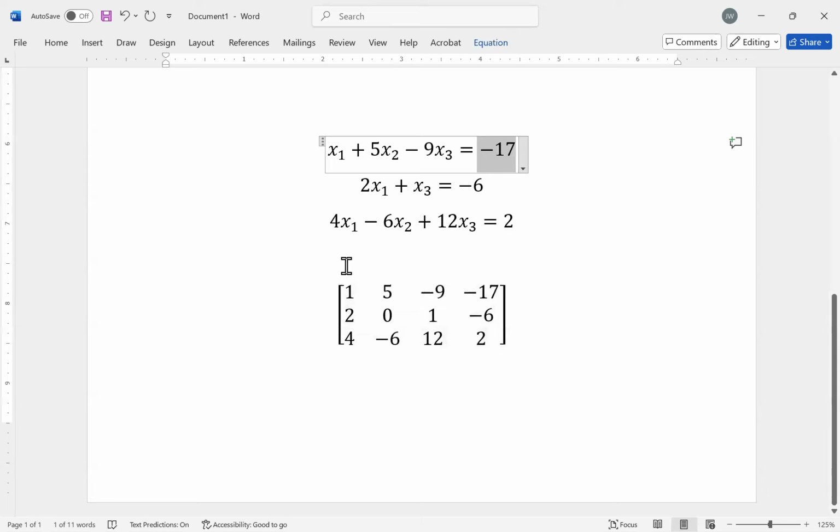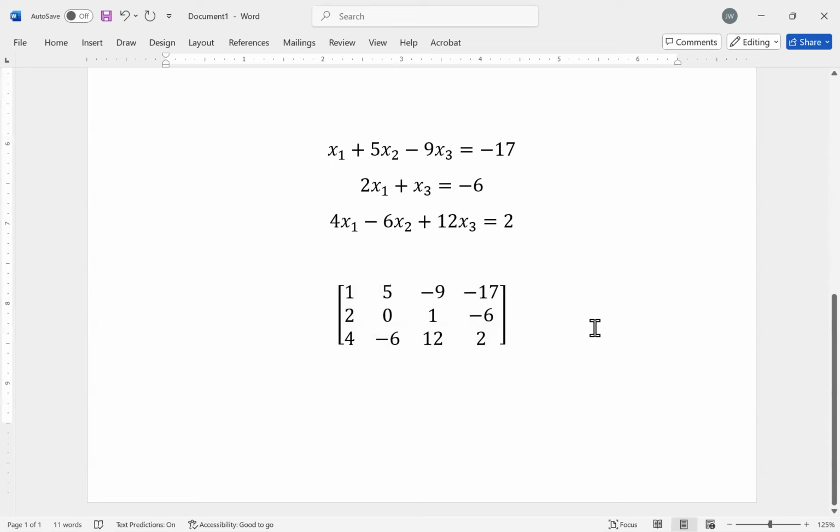Now remember, the coefficients of all of our x1s are in the first column. The coefficients of all of our x2s are in the second column. In the third column, it's the coefficients of x3. And in the fourth column, it's our equal to constant number.